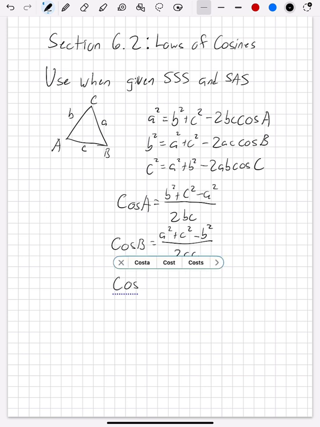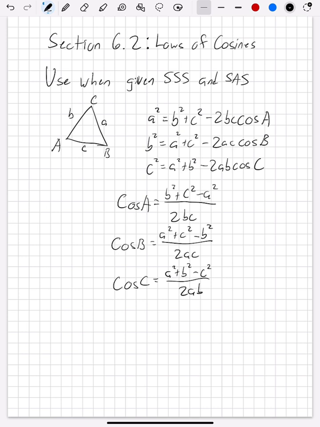And lastly, the cosine of the angle C will be equal to a squared plus b squared minus c squared all over 2ab.